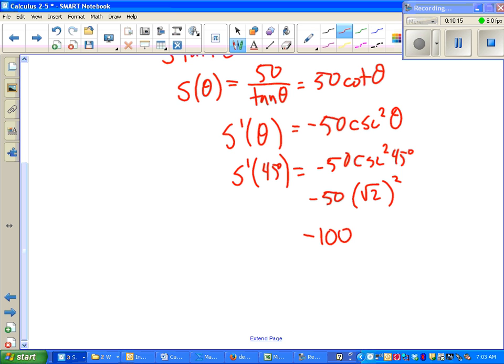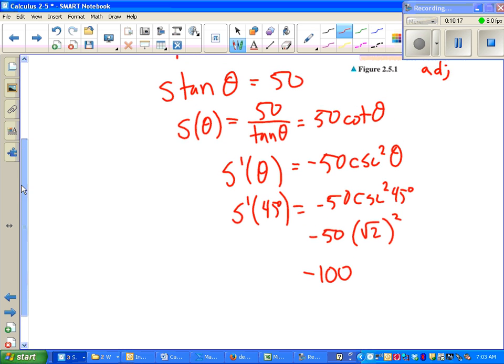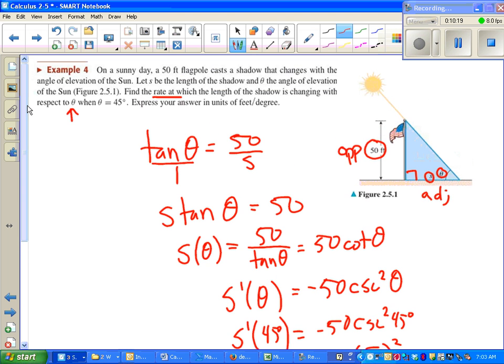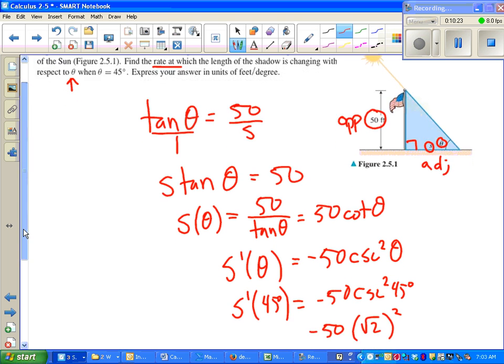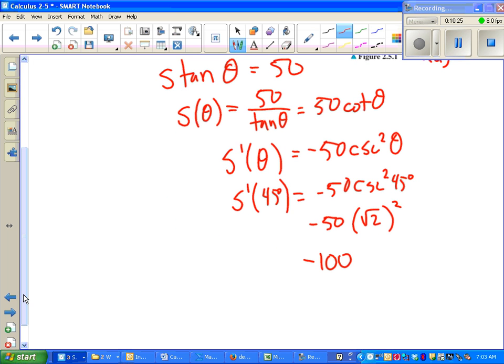We're not quite done. We have to verify our units. It says express your answer in units of feet per degree. Well, it's giving it to us. Here is our y value, feet. Here is our beta value in degrees. So that's negative 100 feet per degree.